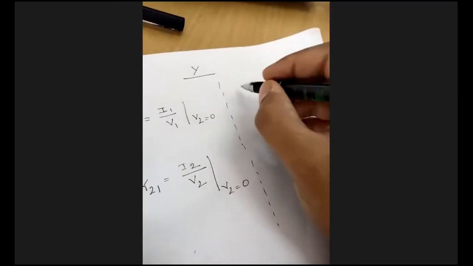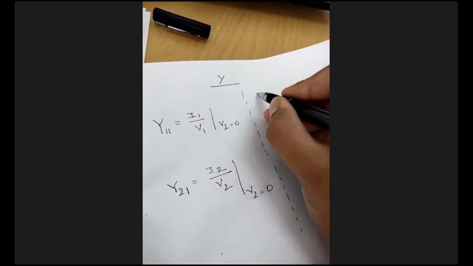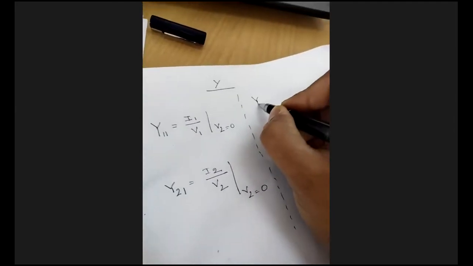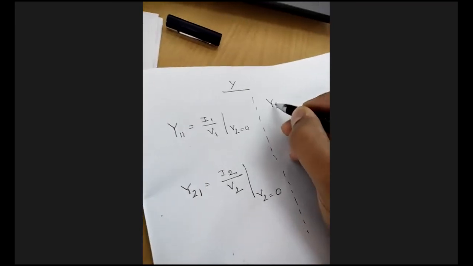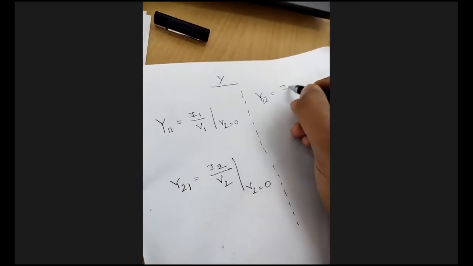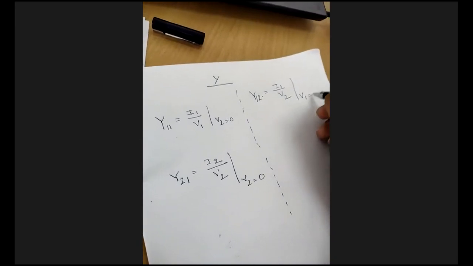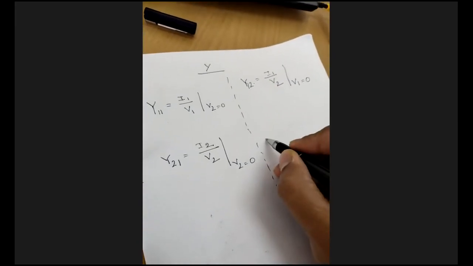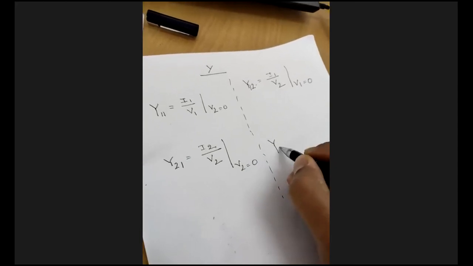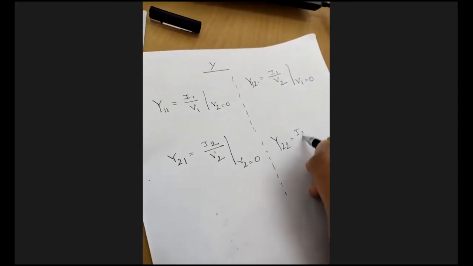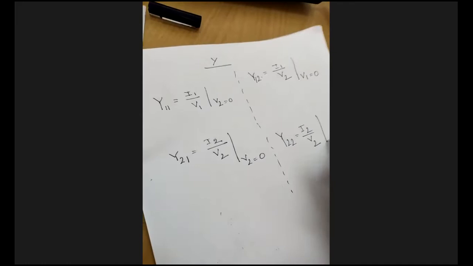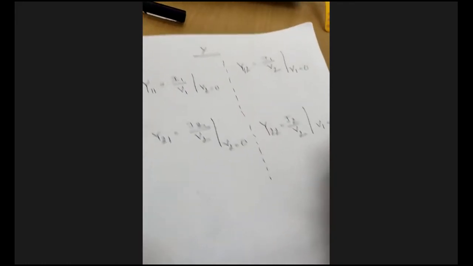And in the second part, Y12 equal to I1 by V2, where V1 equal to 0, and Y22, I2 by V2, V1 equal to 0.